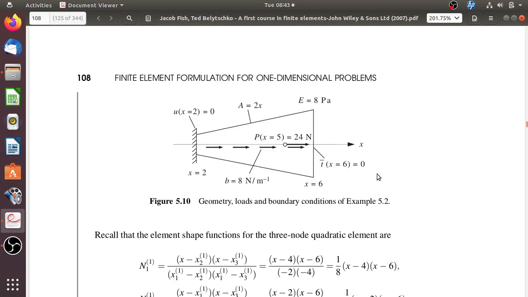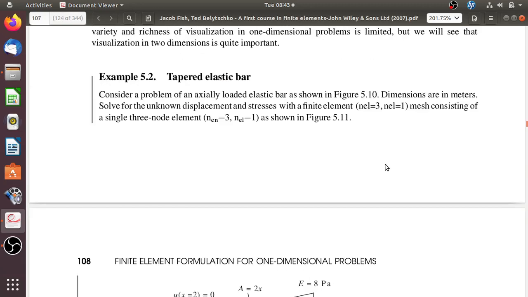Now we need to solve this problem using the finite element method, and particularly they have mentioned that we have to consider only one element, and that one element is a 3-noded element.